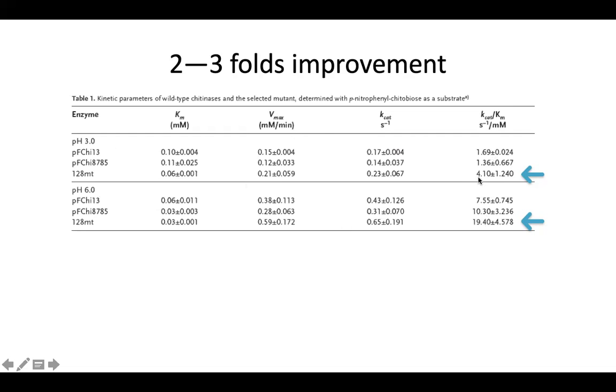Even though it's only four-fold improvement, this is good enough for commercialization. If you can make everything faster by 4 times, it could be useful to make it cheaper if you want to use the enzyme in industry. All right, so we have this enzyme, and we are just about to try to use this enzyme to produce something useful, which I will tell you later.